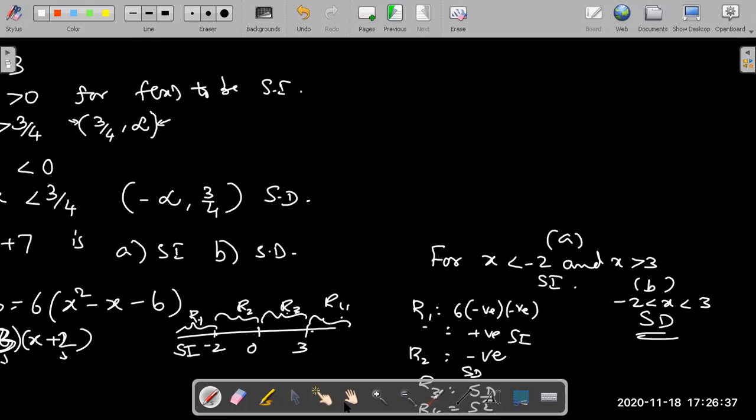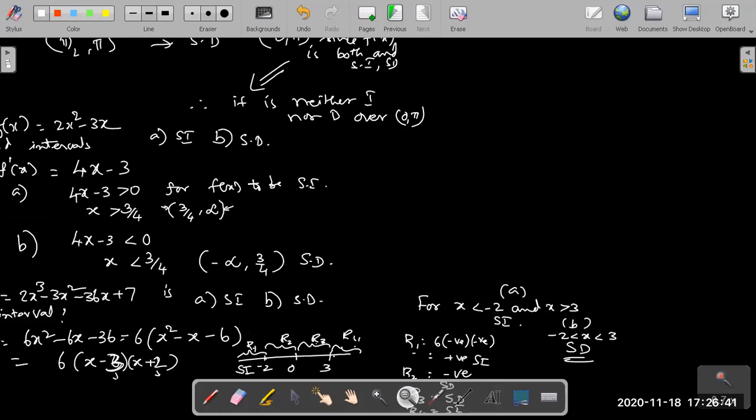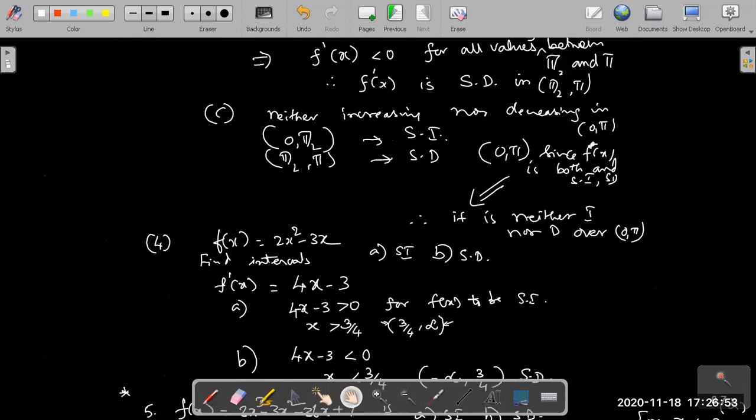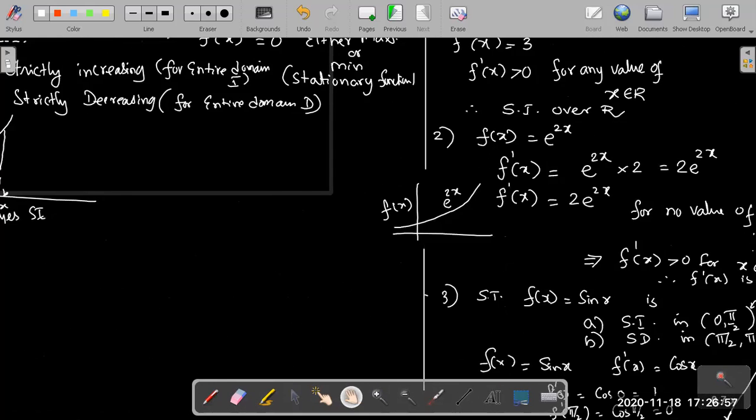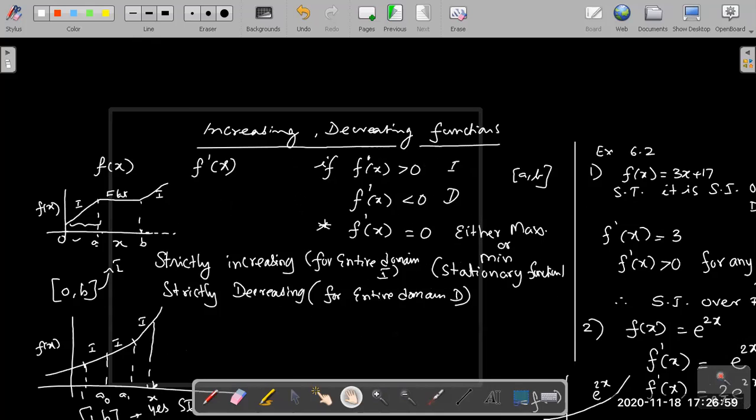So I will quickly recap this rather than rushing. Recap only these 4 questions we have done on strictly increasing and strictly decreasing. The increasing decreasing functions. That means this page only we are reviewing. We have 5 minutes, that's why it's better to review it.